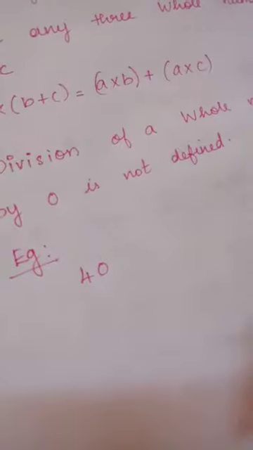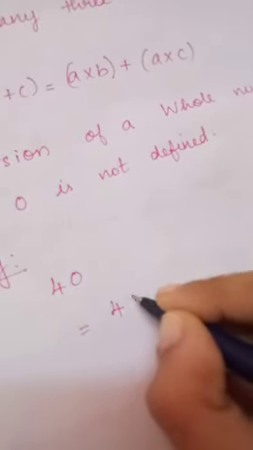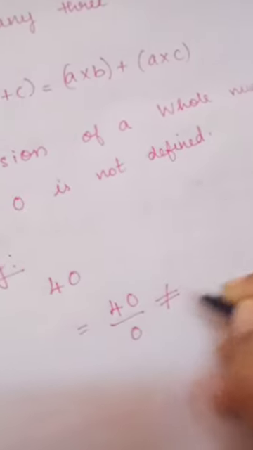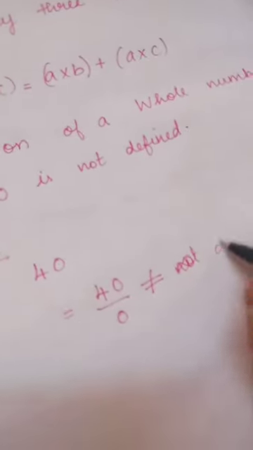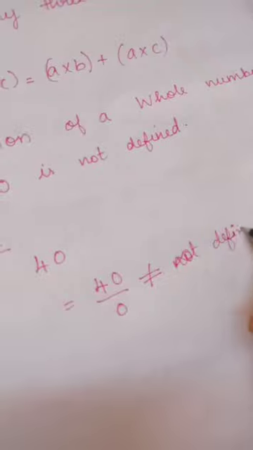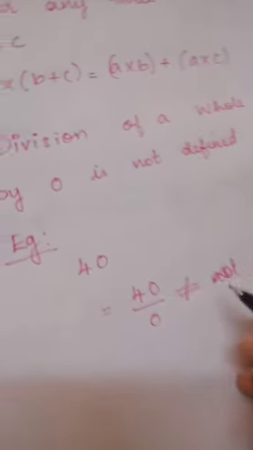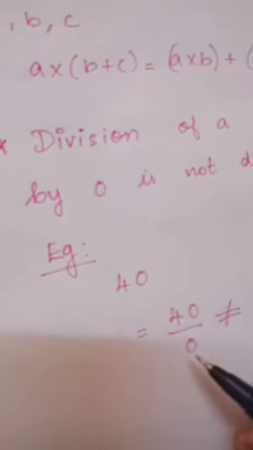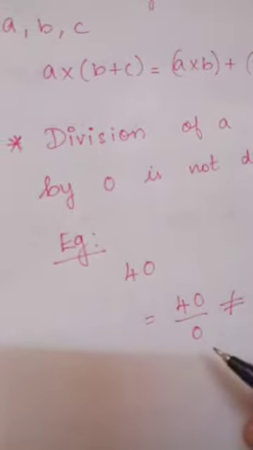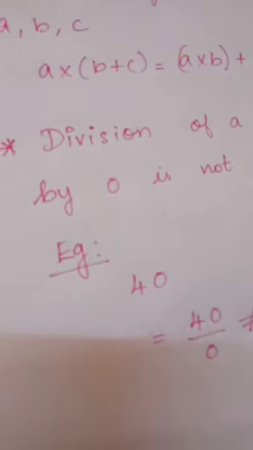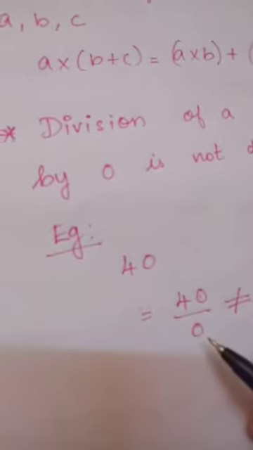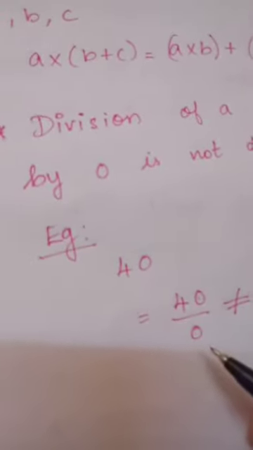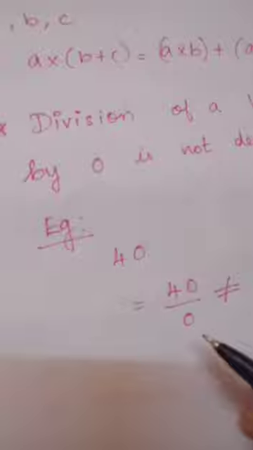If I divide that 40 by 0, it is not defined, because dividing any number by 0 is not possible, which is already discussed in the definition of numbers. When we write fractions, we won't write 0 in the denominator.